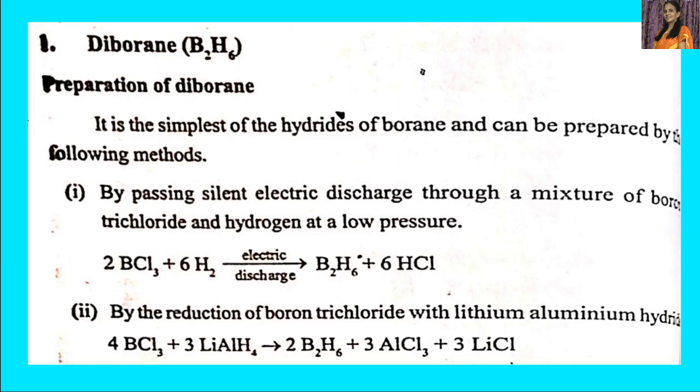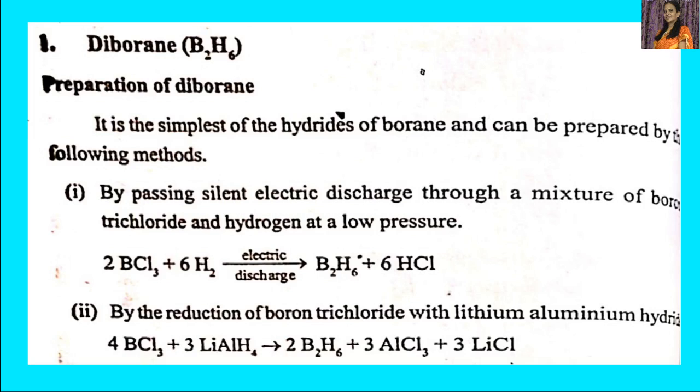Now let's see the preparation of diborane. It is the simplest of the hydrides of boron and can be prepared by different methods. The first method: it is obtained by passing a silent electric discharge through a mixture of boron trichloride and hydrogen gases at low pressure.